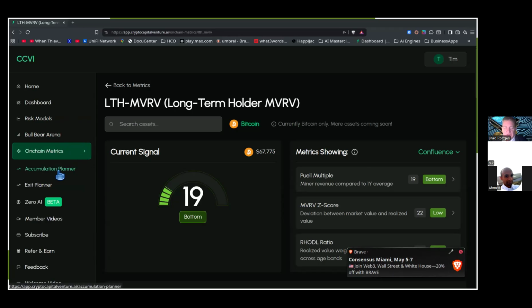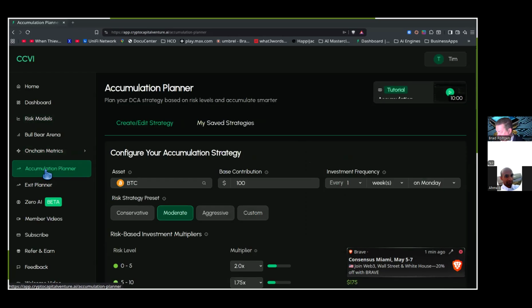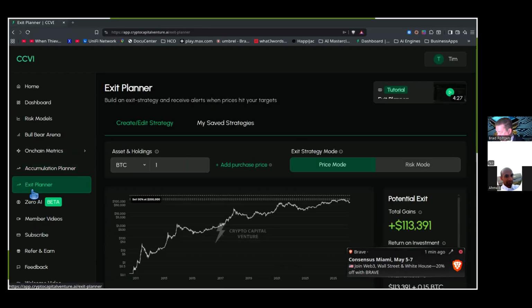They have basically the risk models, they have the accumulation planner, and then they have the exit planner. And so these three things constitute the majority of the features most people care about.